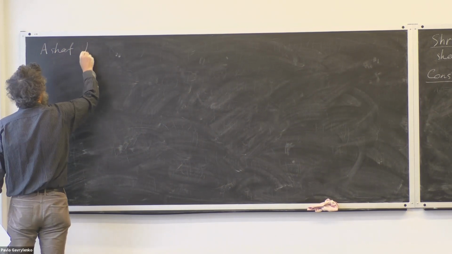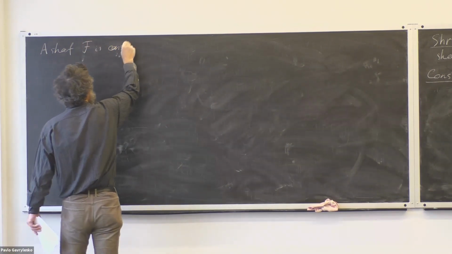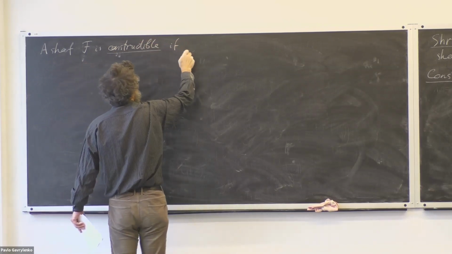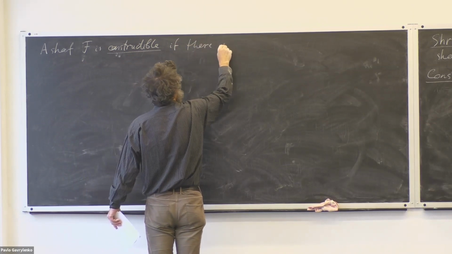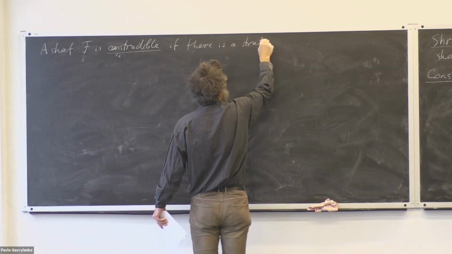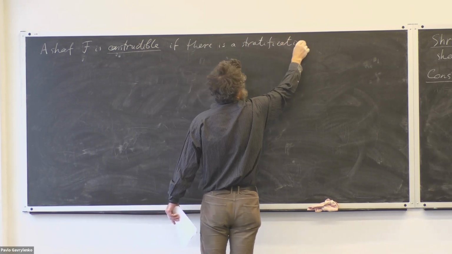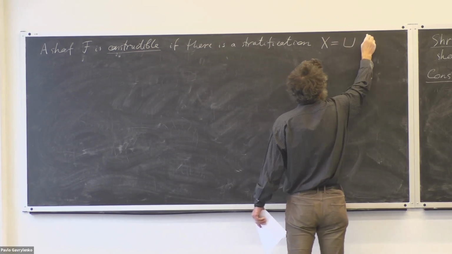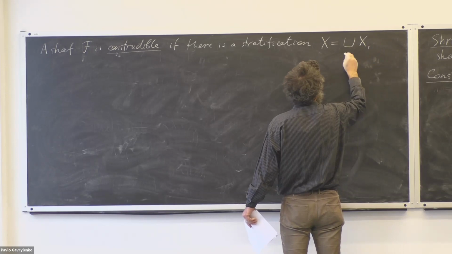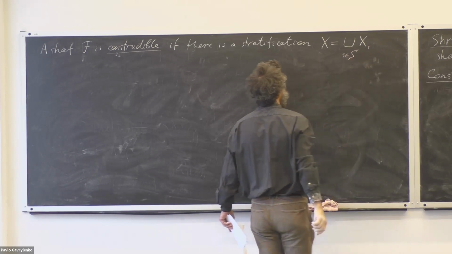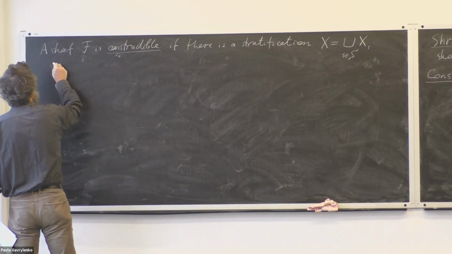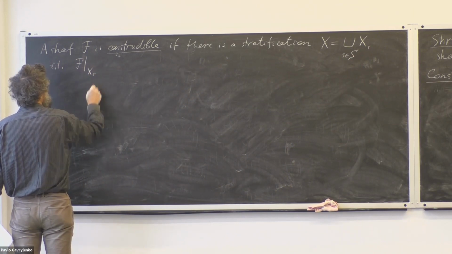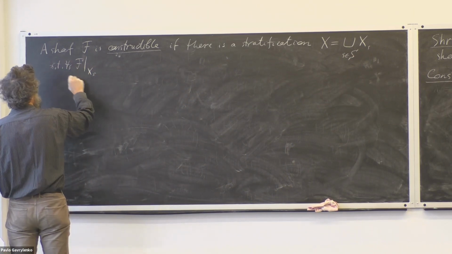So now a sheaf F is called constructible if there is a stratification X, the union of strata, such that the restriction of F to any stratum is a local system.